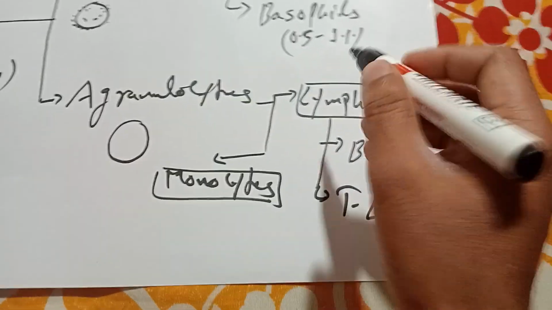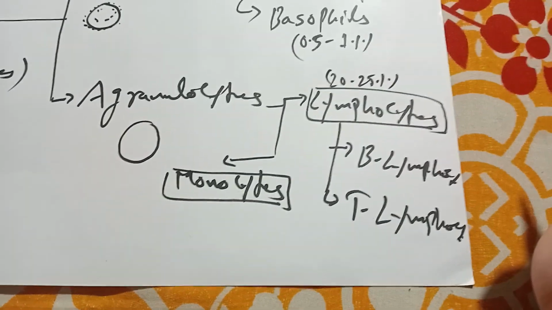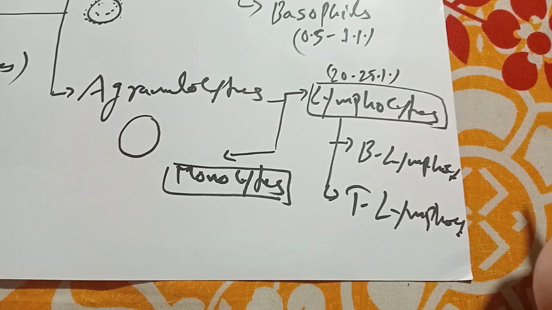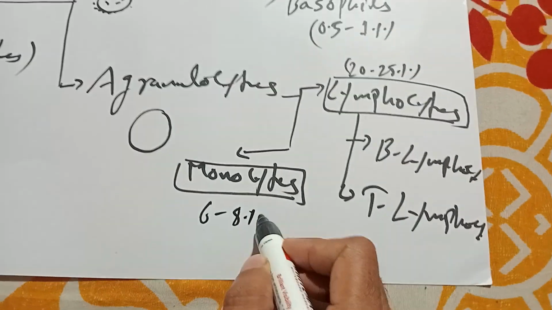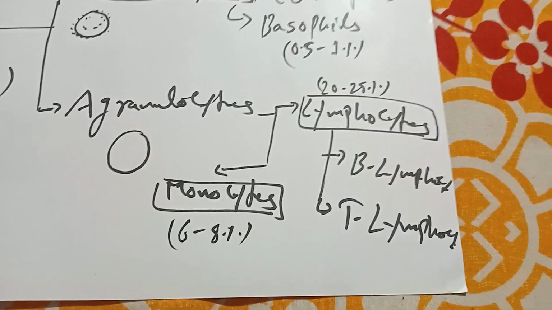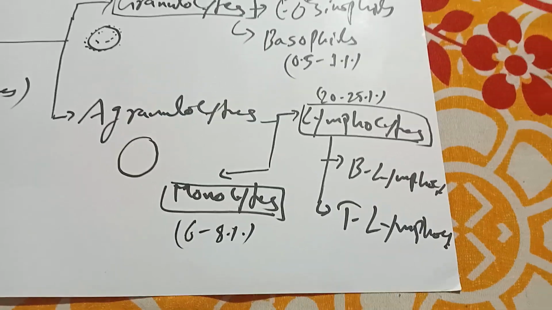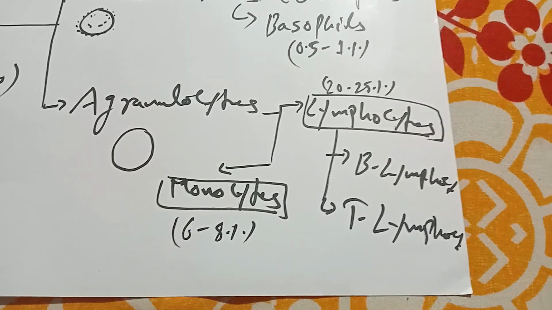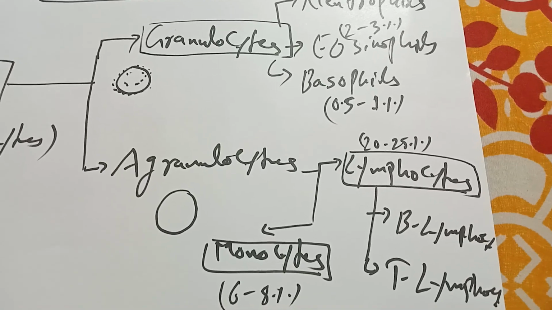Now the agranulocytes: lymphocytes are present at 20 to 25%, and monocytes at 6 to 8%. So this is a very important percentage of granulocytes and agranulocytes in WBC, very important for the exam.